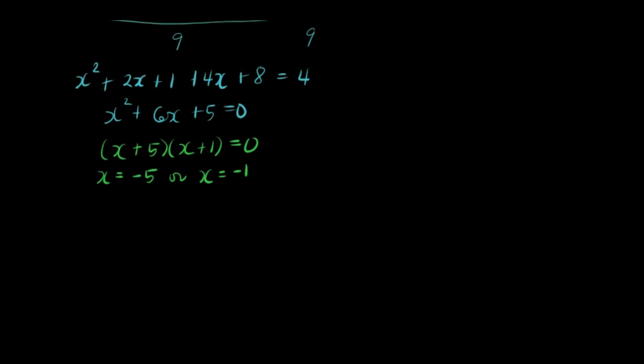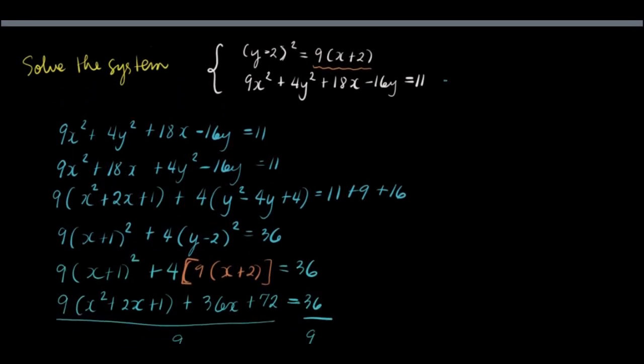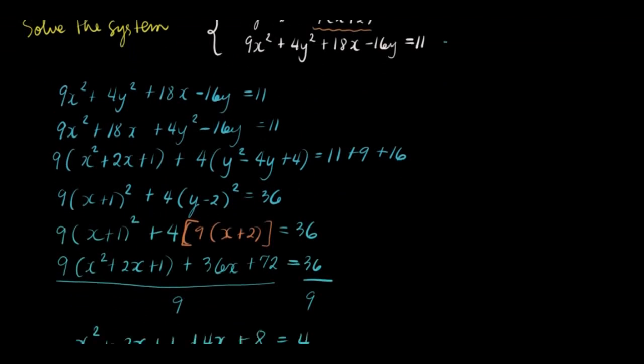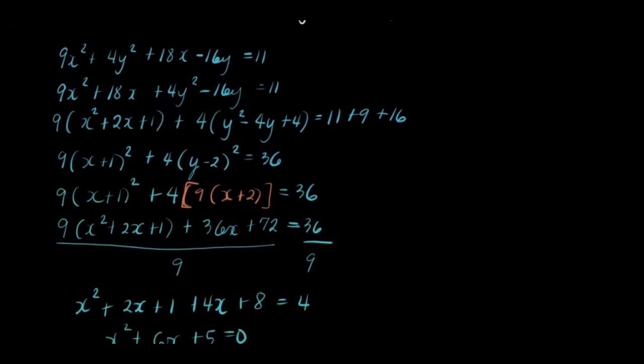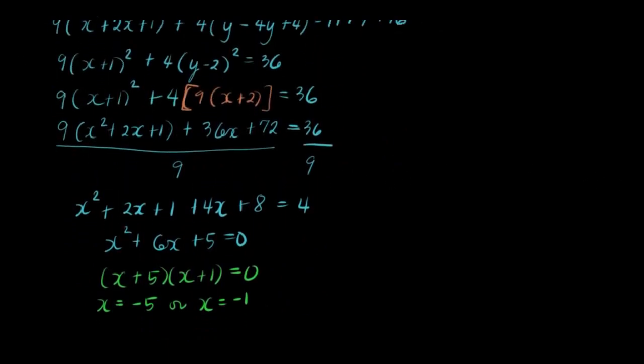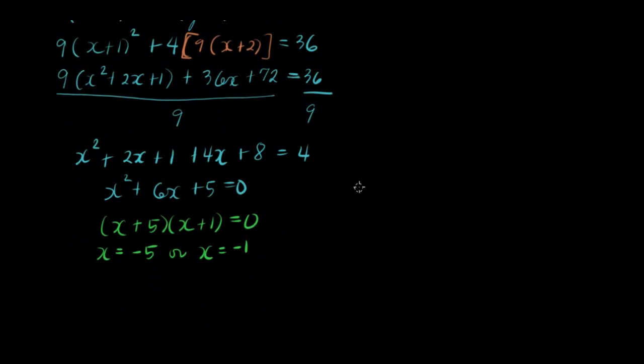Isa-isahin natin itong i-substitute sa kahit saan sa first two equations natin. And I think mas madaling i-substitute sa first equation. So, using the first equation, y minus 2 squared is equal to 9 times x plus 2. Let's substitute first at x equals negative 5.